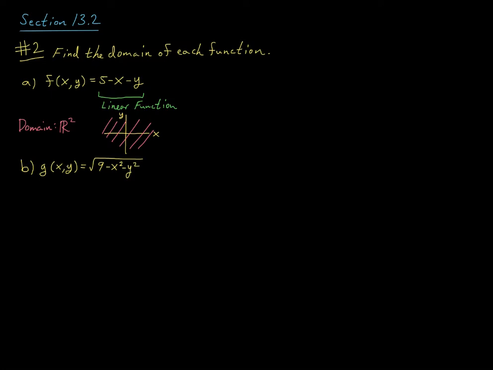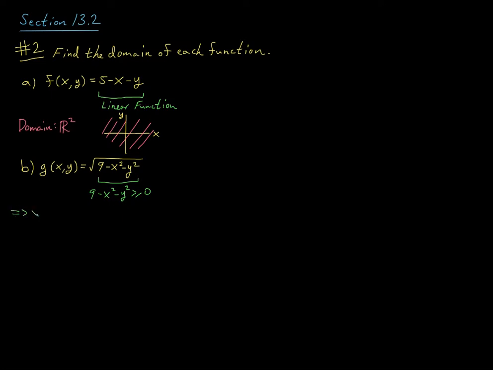We have g of x, y is the square root of 9 minus x squared minus y squared. Now here I'm going to be on high alert since I see a square root. If this thing is going to be real valued, we need 9 minus x squared minus y squared to be greater than or equal to 0.